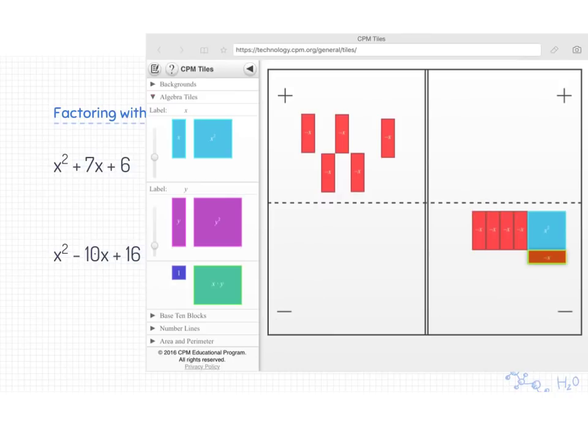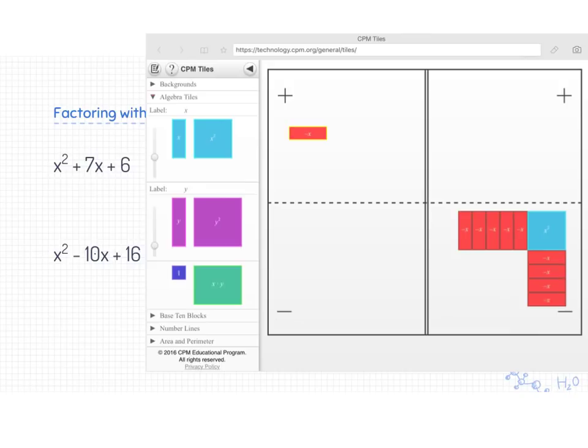Get some this way, some that way. So again, just kind of arranging them however to start, and some of you guys probably see how this is going to go already, but put them that way. And let's get my unit tiles over here.